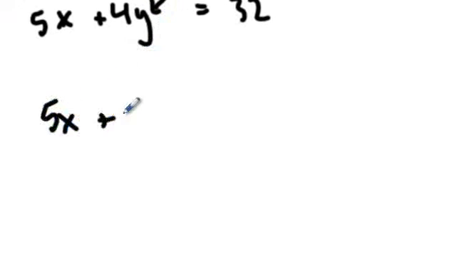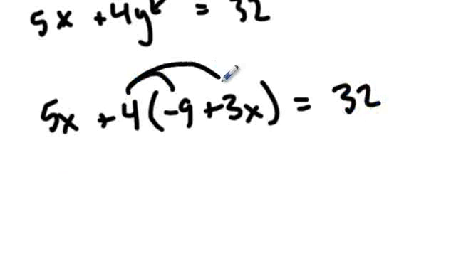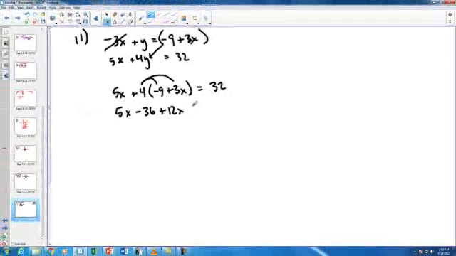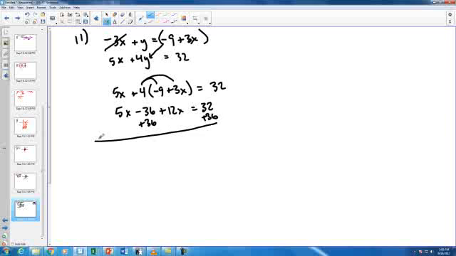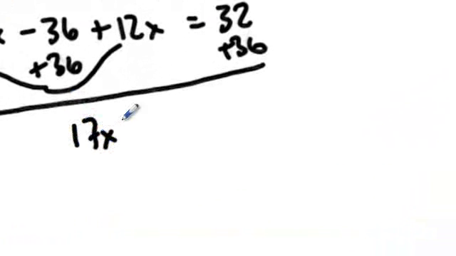5x plus 4 times negative 9 plus 3x equals 32. I now need to distribute. I get 5x minus 36 plus 12x equals 32. If I add 36, and I'm going to combine these two, I'll get 17x equals 68.